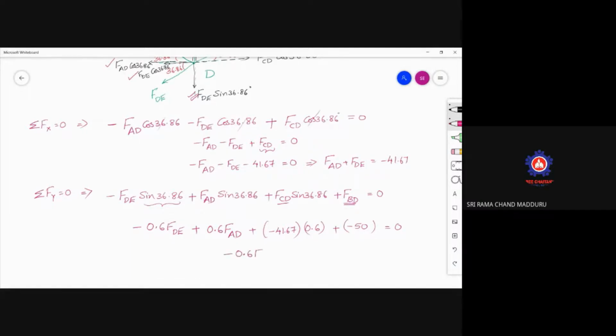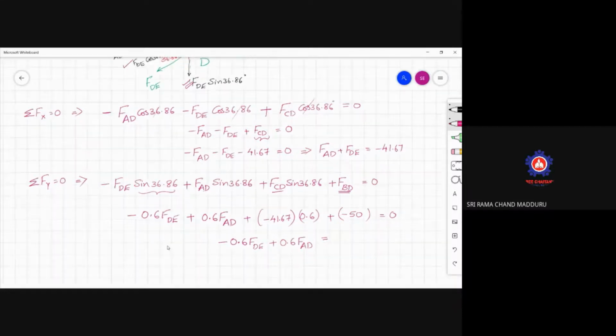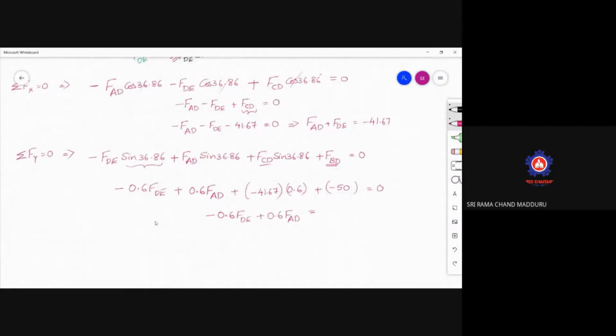Minus 0.6 into FDE plus 0.6 into FAD is equal to how much? Further you can simplify this: FAD minus FDE. This 0.6 can also be sent to the right side as divided by 0.6. Tell me the final value.